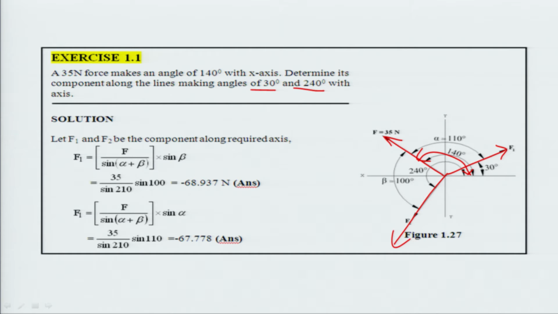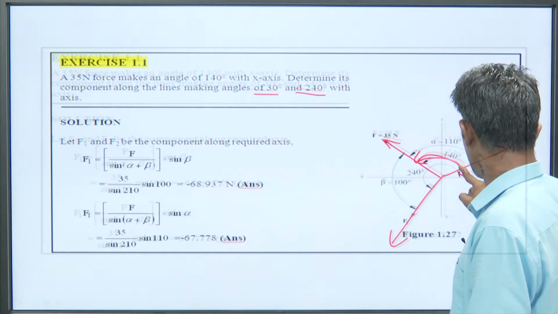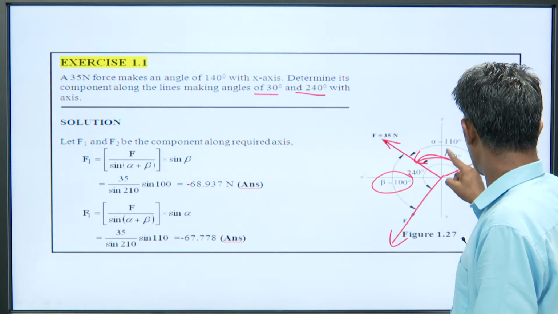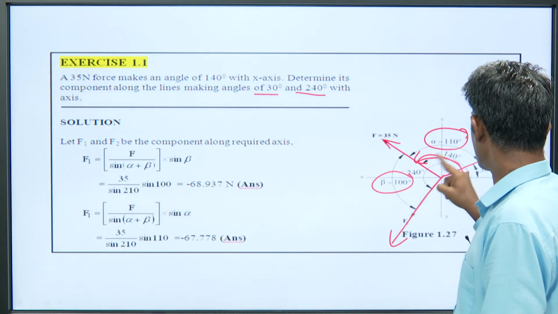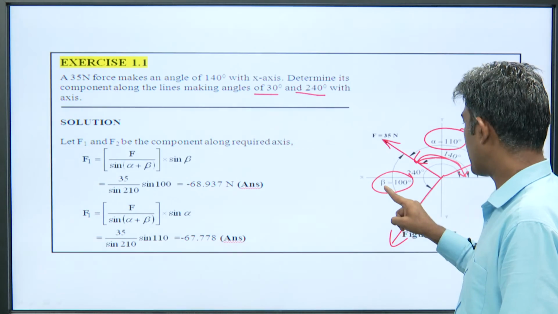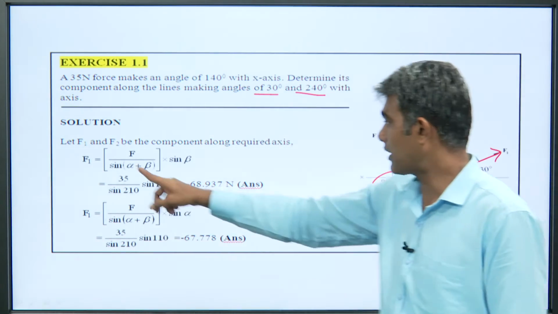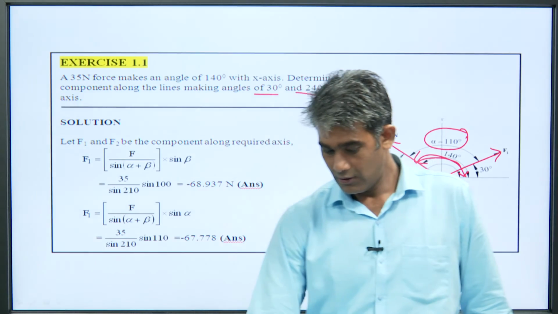So, what will be the value of alpha? This can be taken as alpha, and this is beta. So, the value of alpha here will be 110 and beta will be 100. This is the force F. So, the values of F1 and F2 can be calculated with the help of this expression.